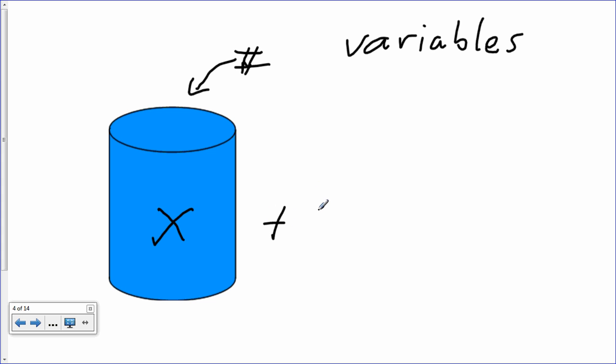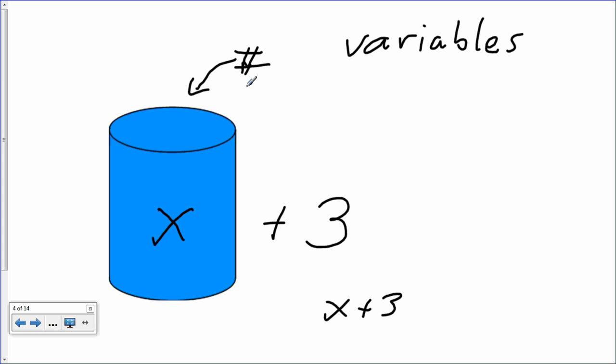Typically in algebra, you're doing operations on variables. So we throw a number in, and plus 3, well, that just says whatever number we've thrown into the x bucket, 3 is getting added to it. That's all that's meant by the expression x plus 3.